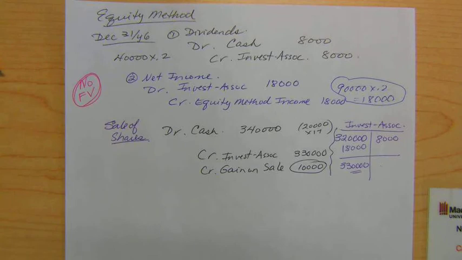Okay, so equity method, what are the two entries during the year? Without looking at up or down? Dividends and net income. And if it was a net loss, what would it do to our investment account?